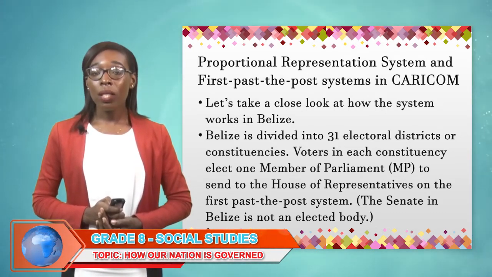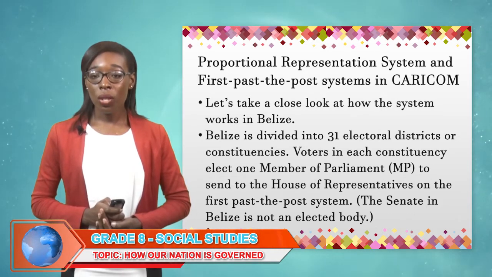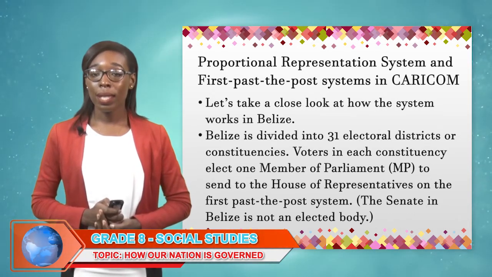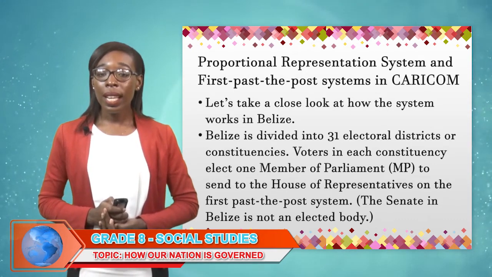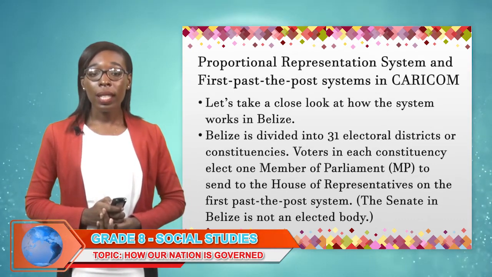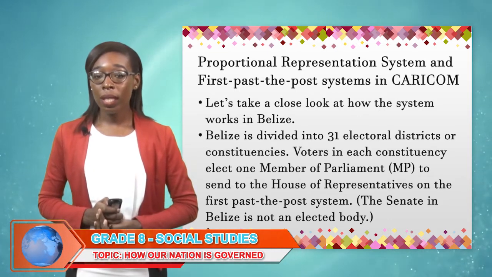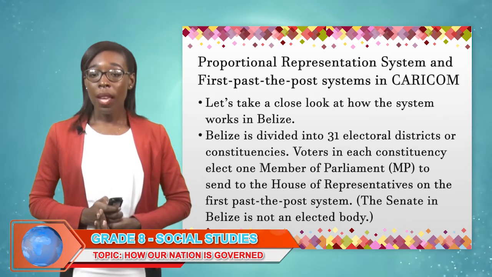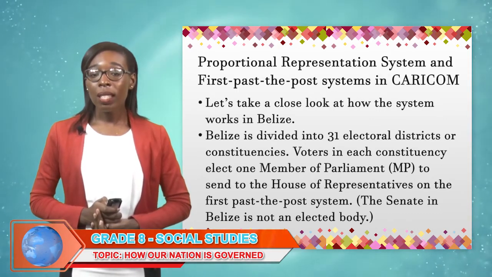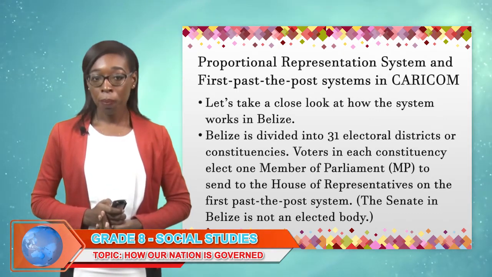Belize is divided into 31 electoral districts or constituencies. Voters in each constituency elect one member of parliament to send to the House of Representatives on the first-past-the-post system. The Senate in Belize is not an elected body.